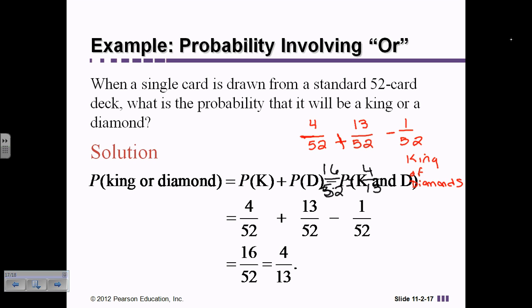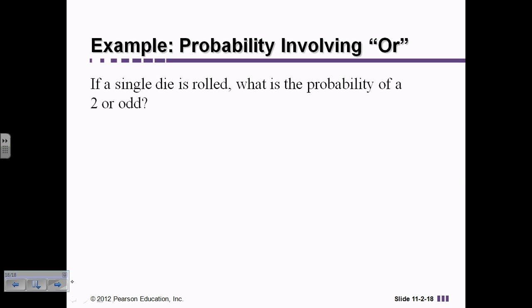Okay, so let's look at one more example. A single die is rolled. What is the probability of a 2 or an odd? Okay, so with the roll of a die, the probability of a 2 is 1/6. The probability of an odd number, equals 1, 3, or 5, so it would be 3 out of 6.